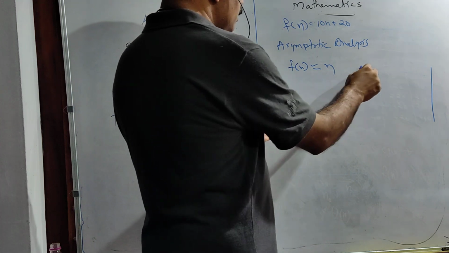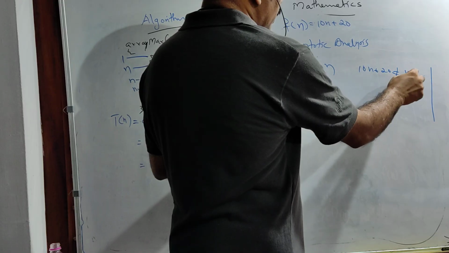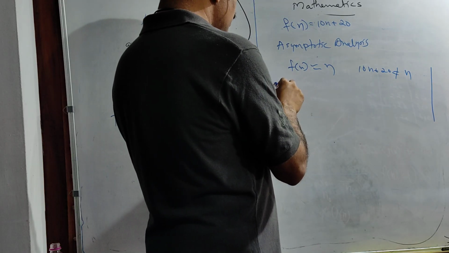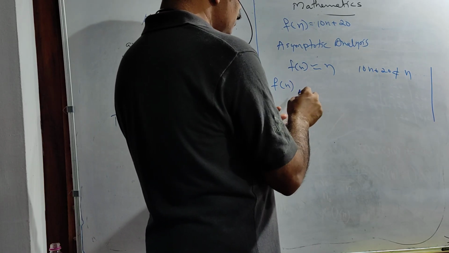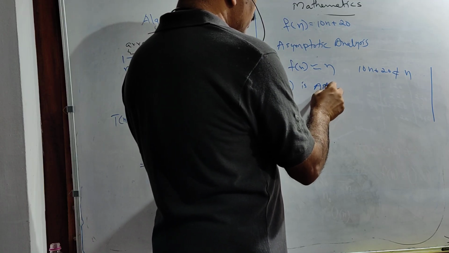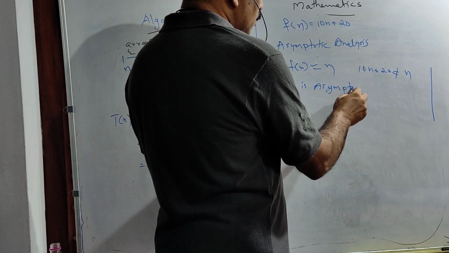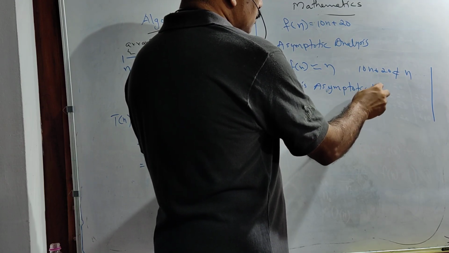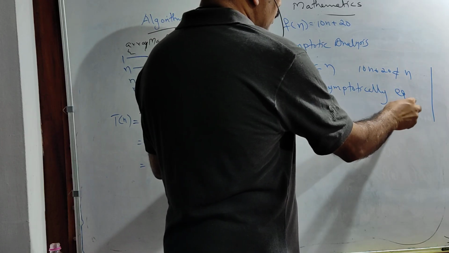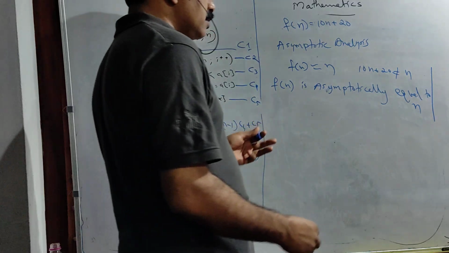We know 10n plus 20 is not equal to n. But we are saying our f of n, that is 10n plus 20, is asymptotically equal to n. Okay.